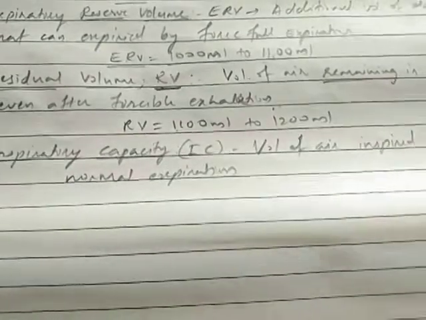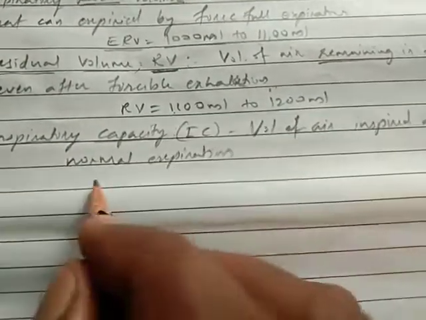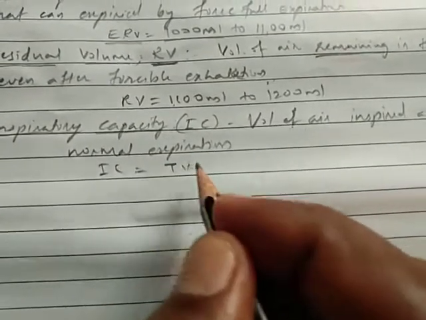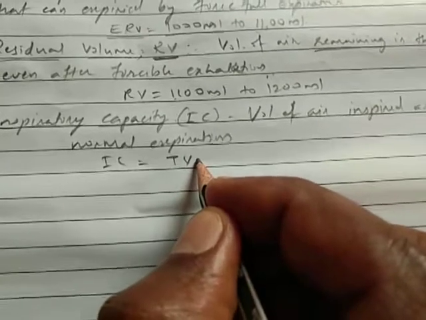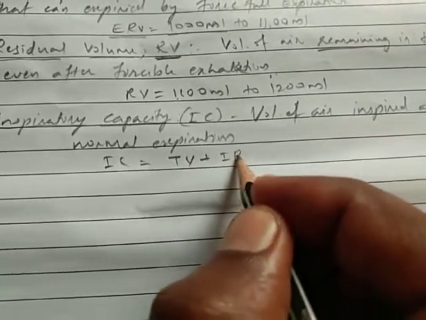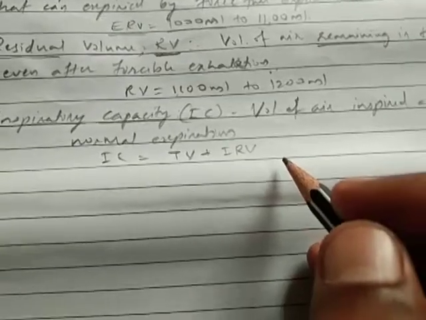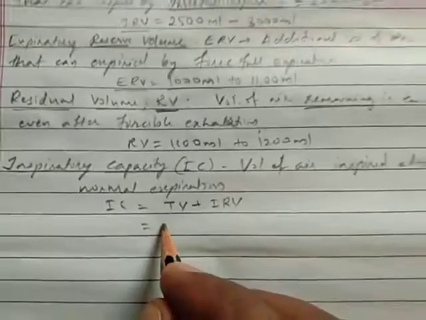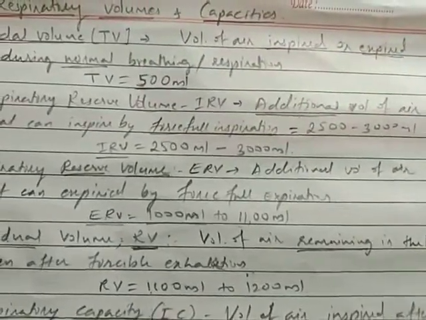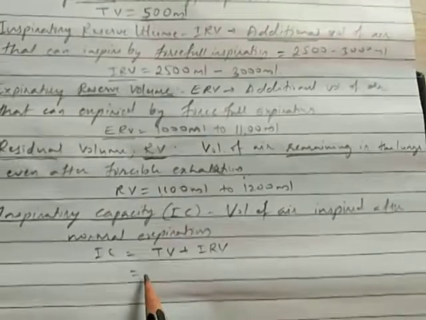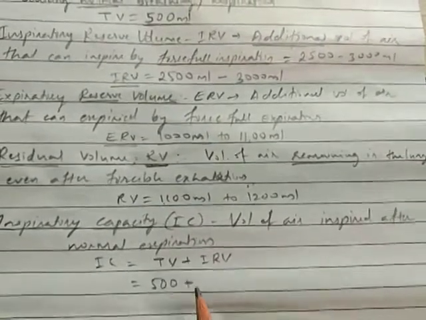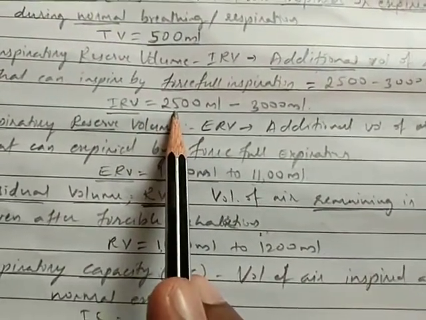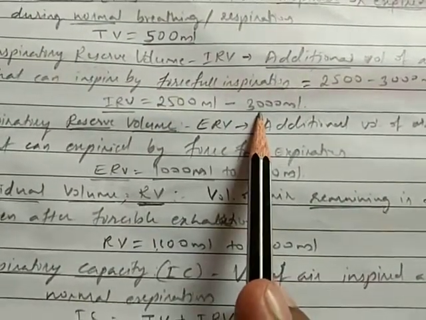So usually the IC is equal to TV, that is tidal volume, plus IRV. How much TV is there? It is already mentioned here. You can observe the TV is 500. So next you can mention here 500 plus IRV. IRV is minimum 2500, maximum 3000 ml.